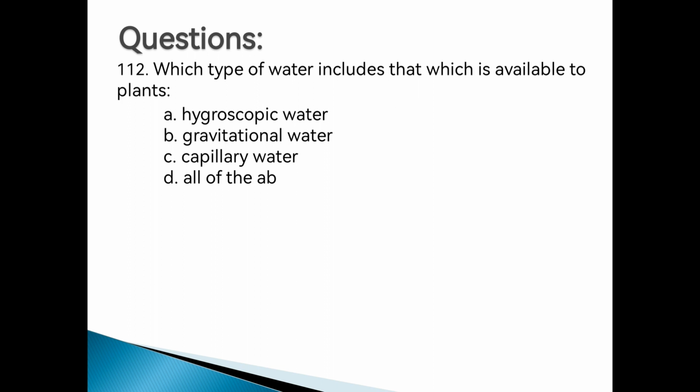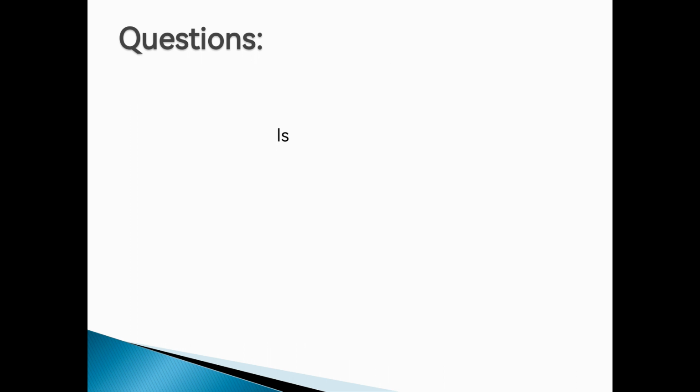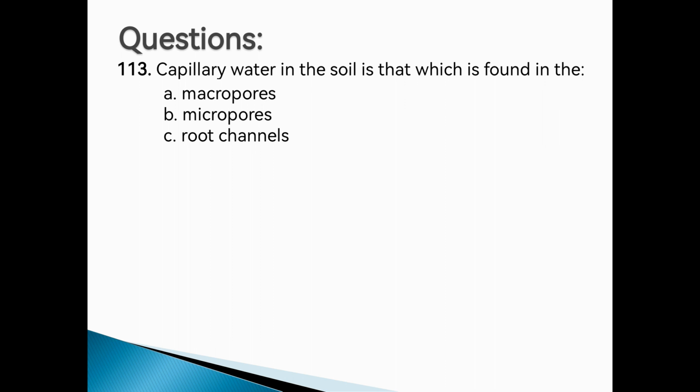A. hygroscopic water, B. gravitational water, C. capillary water, D. all of the above. The correct answer is C. capillary water. 113. Capillary water in the soil is that which is found in the A. macropores, B. micropores, C. root channels. The correct answer is B.